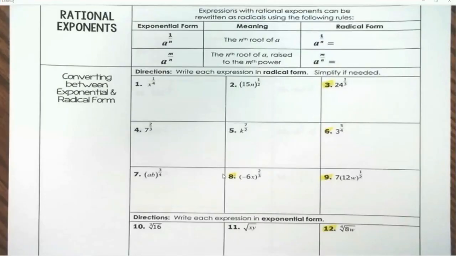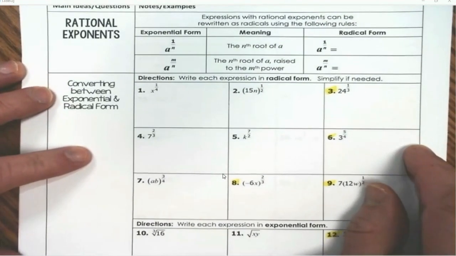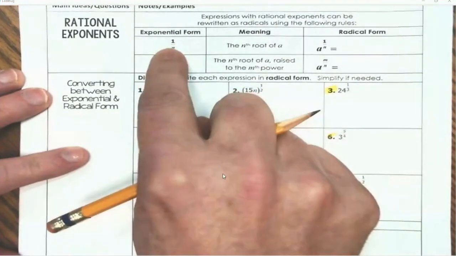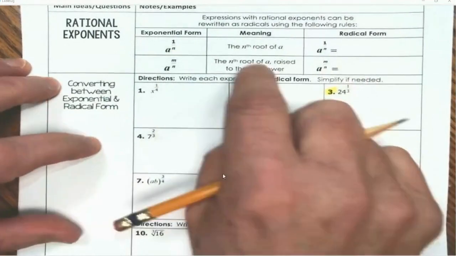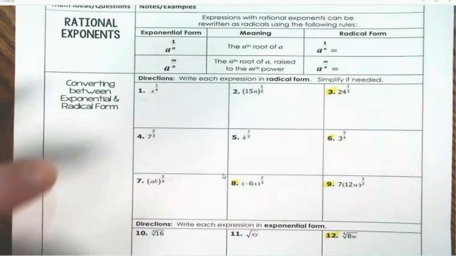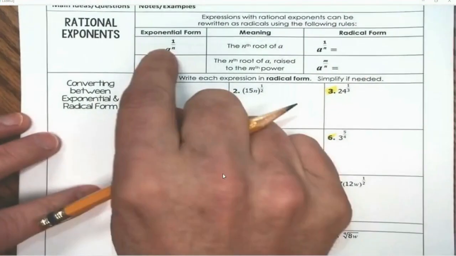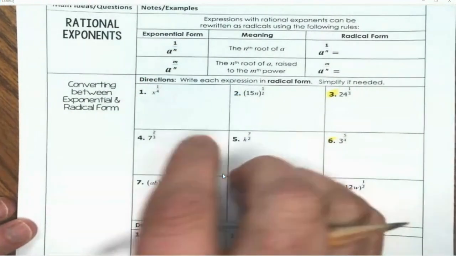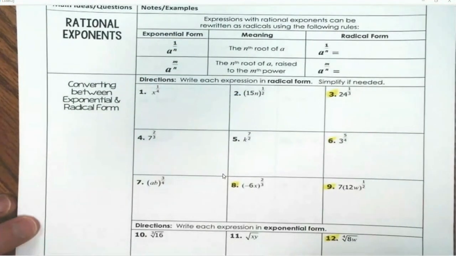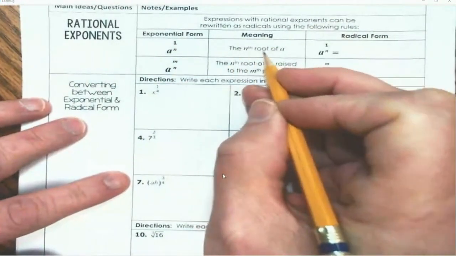Okay, here we go. We're looking at radicals and rational exponents, converting things from exponential form to radical form. If we have an exponent that's 1 over n, like a to the 1/2 power, that means the nth root of a.